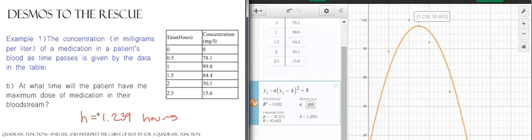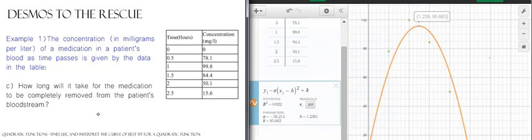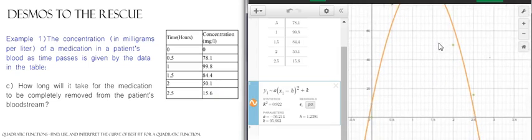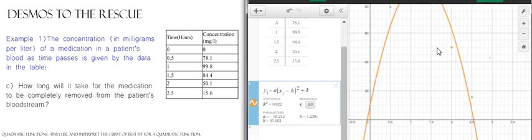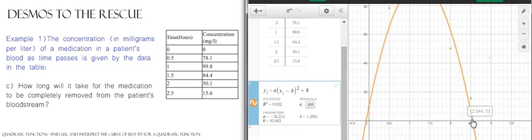All right, so there we go. We found our maximum. The next question is going to ask us how long will it take for the medication to be completely removed from the patient's bloodstream. So this question is asking us how long will it be until all of that's gone, that is until the concentration in their blood reaches 0 again. And so if we look at our graph, that's going to be the point at which this crosses the x-axis again.